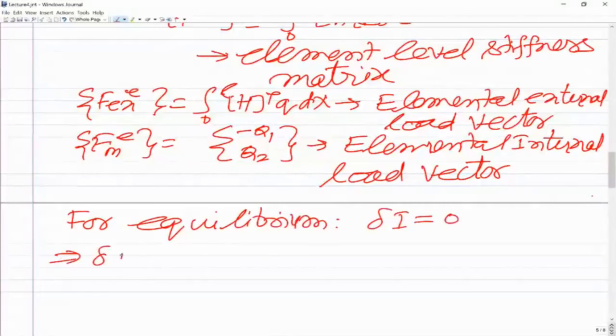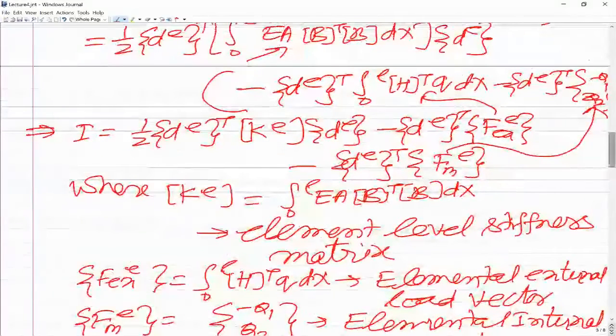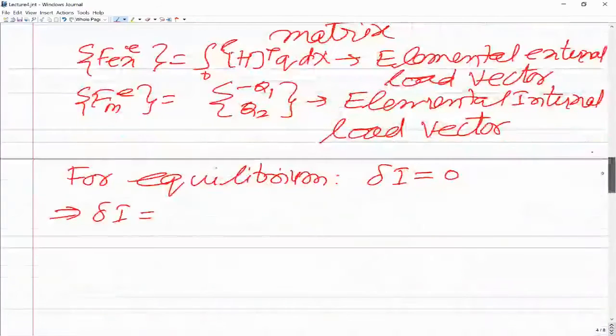This I is half of D transpose K D. When we take the variation, it is taken with respect to the unknown quantities, which here is the vector D, the vector of unknown elemental degrees of freedom, that is u1 and u2. If we know u1 and u2, then we know the displacement approximation within the element, its differentiation gives the strain, and from there we get the stress and so on. So the variational operator goes with the unknown quantities.